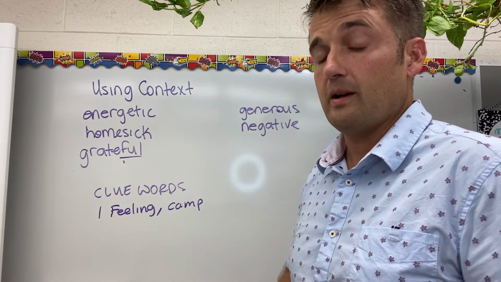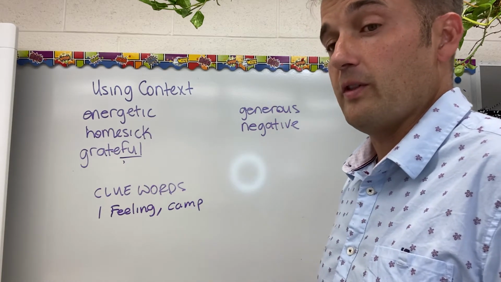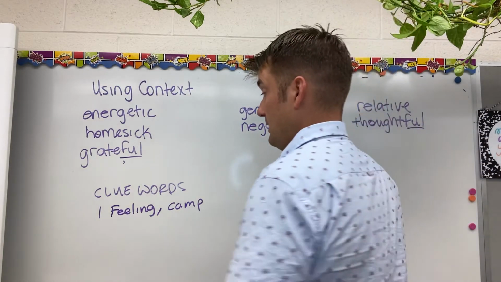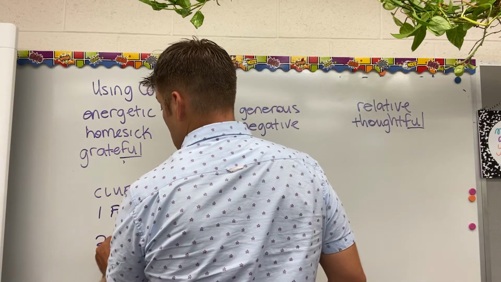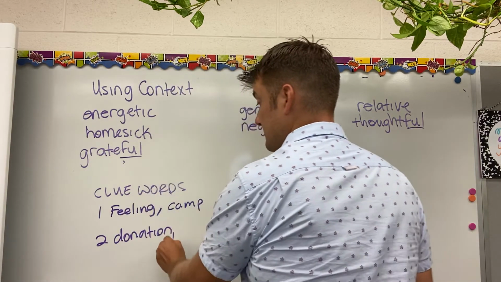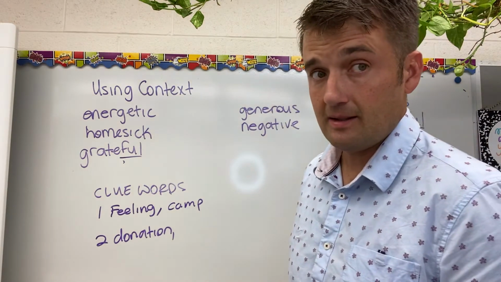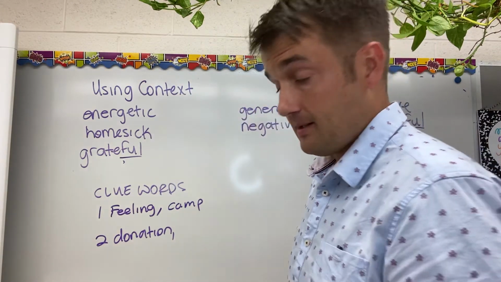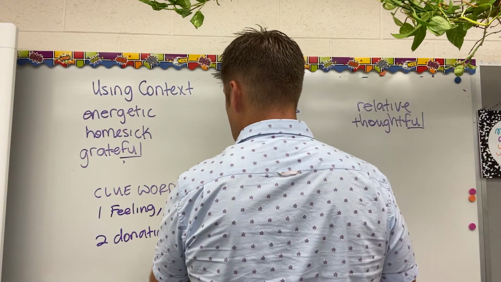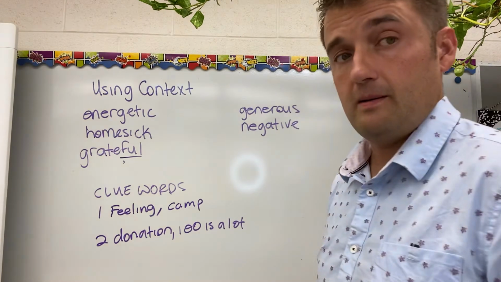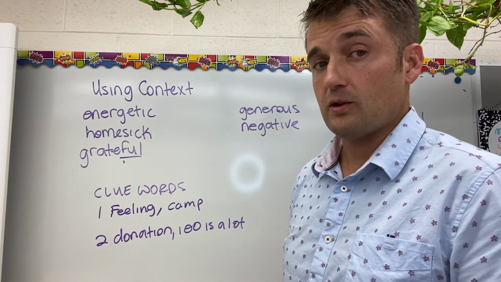Number 2, Mr. Cook's donation of 100 books to the town library was very blank. Okay, so it was a donation, which means he gave it. So it has something to do with giving. And 100 books sounds like a lot. Okay. So those are the clues for number 2.